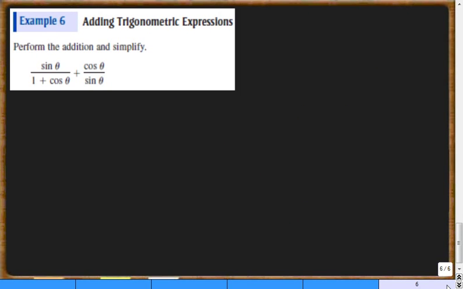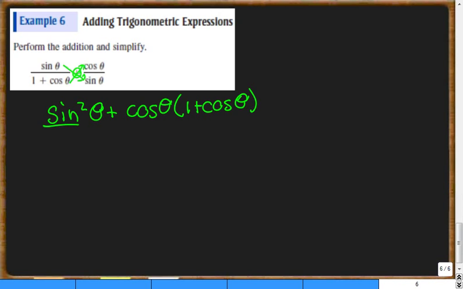And lastly, just like this last problem, it's going to say perform the addition and simplify. So I need to start out and do what I had just done, right? Multiply down, which is sine squared of theta, multiply up, or excuse me, I need to add multiplied up, which is going to be the cosine of theta times 1 plus the cosine of theta, and then divide by the denominators multiplied, which is 1 plus cosine of theta times the sine of theta.